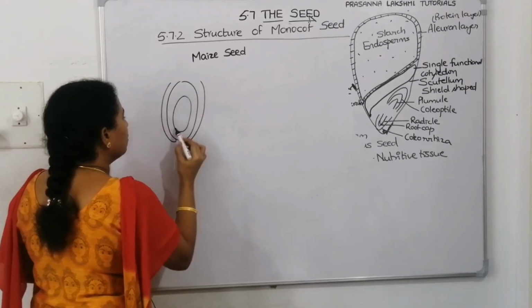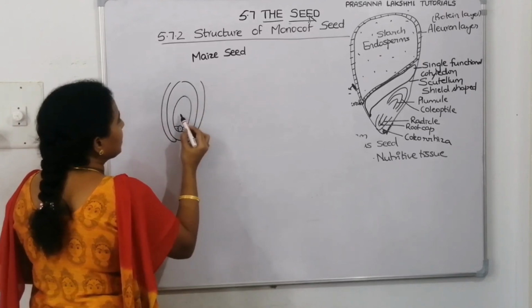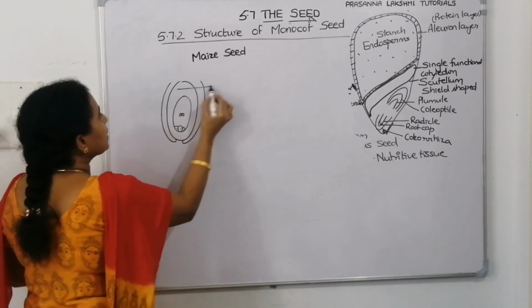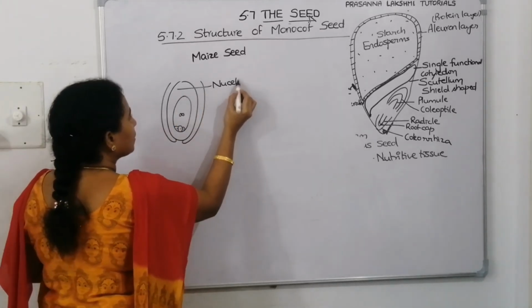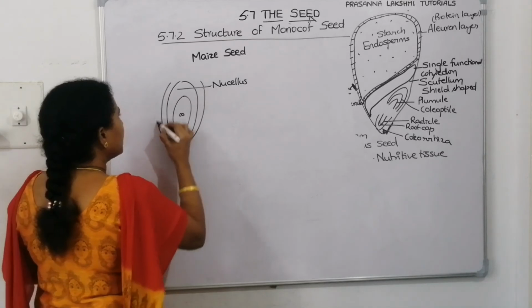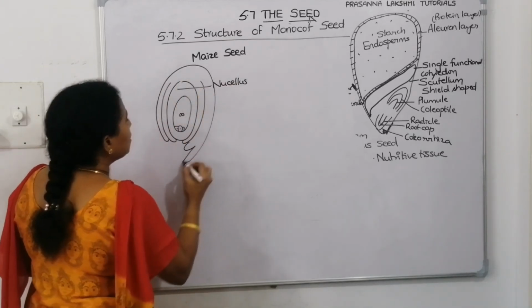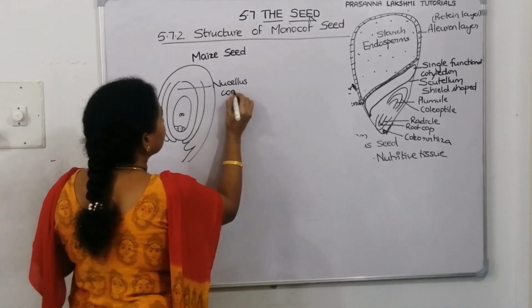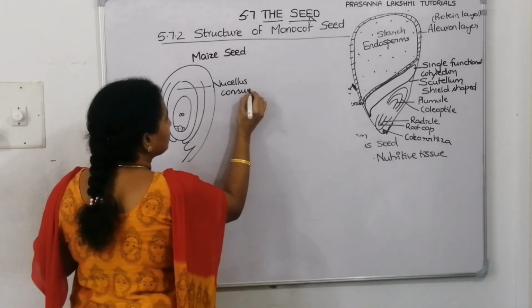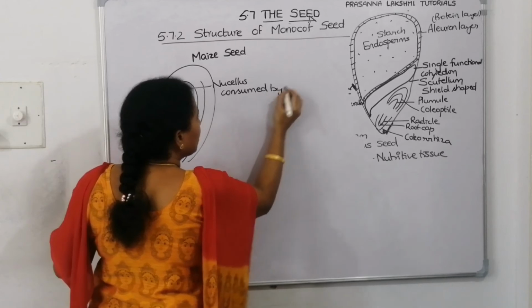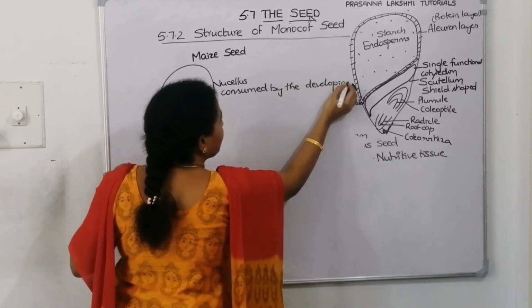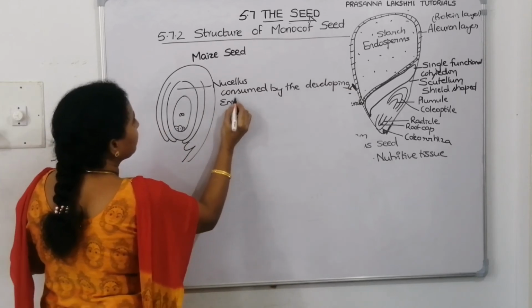Inside this is the embryo. So this is the egg and this is the endosperm, right? So this is nucellus. Now the nucellus, which is a nutritive tissue, will be consumed by the developing embryo sac.